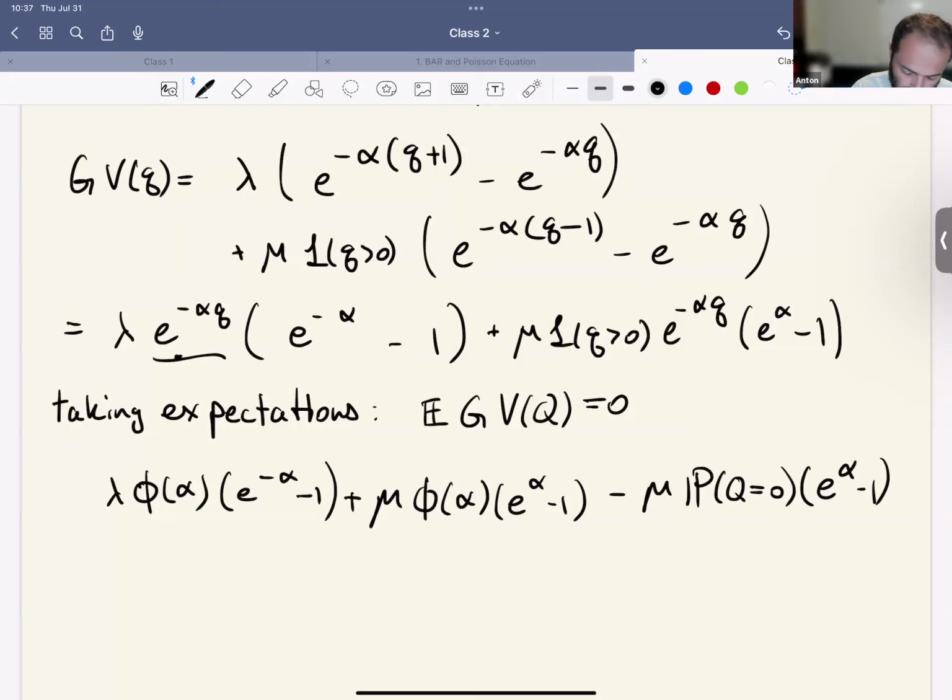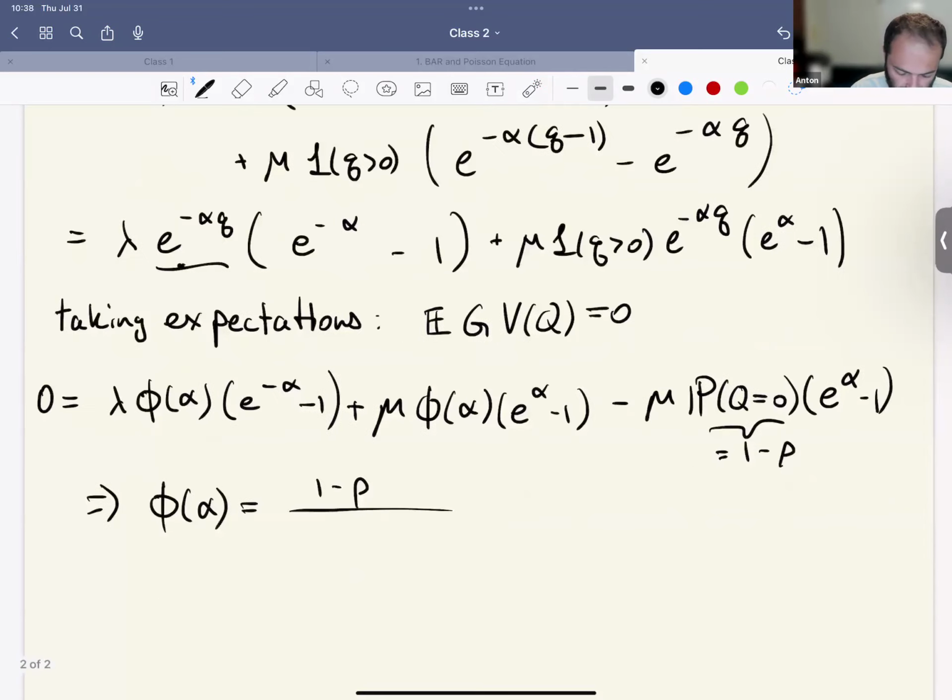And now we know that this equals 0, and you can see that we can basically rearrange things to isolate for the Laplace transform. We know that this probability is equal to 1 minus rho. So we can isolate for the Laplace transform phi. I'm going to skip the algebra. It's trivial in this case.